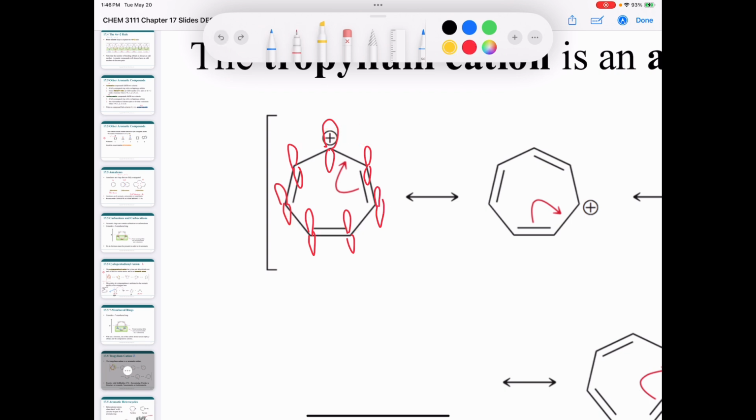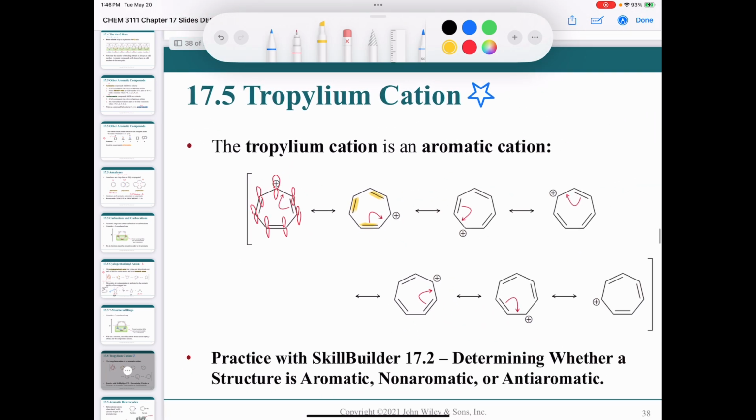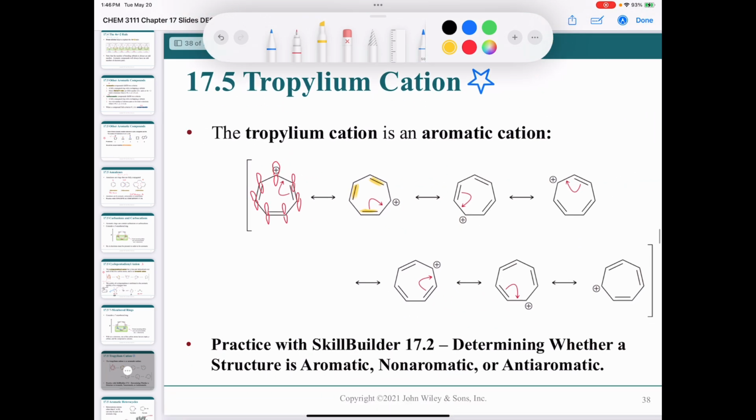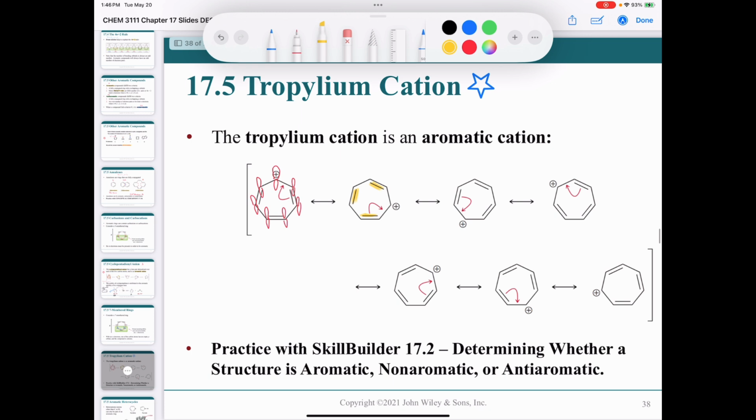Absolutely we do. How many electrons do we have? 1, 2, 3, 4, 5, 6. That's a Huckel number. So does the tropylium cation meet the criteria for being aromatic? The answer is absolutely. And so you have to know the cyclopentadienyl anion and the tropylium cation are both aromatic for different reasons, but they're both aromatic compounds.